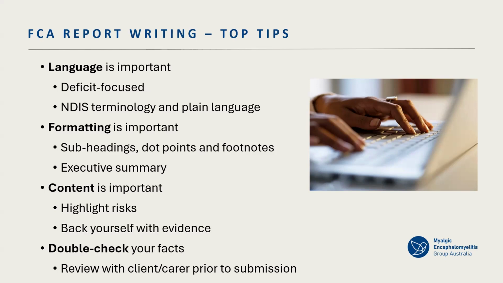Formatting is very important. Lots of OTs will think, we write these FCAs, no one reads them at all, but we also want to do our best to make them enticing to at least skim read. And if you're presenting slabs of text, that's not enticing for anyone to skim read. So some strategies you can use are clear subheadings, using dot points instead of long chunks of text, and footnotes can be really important.